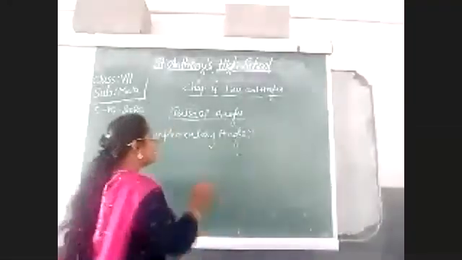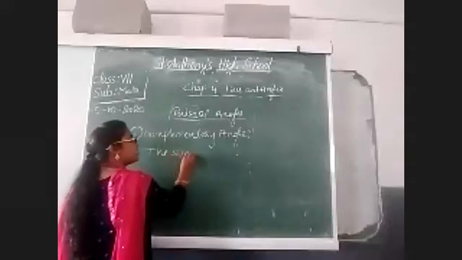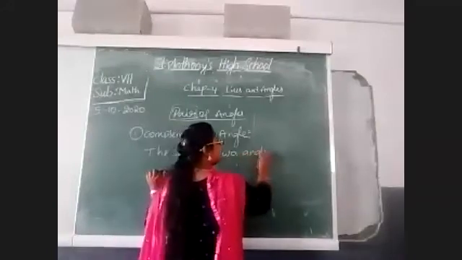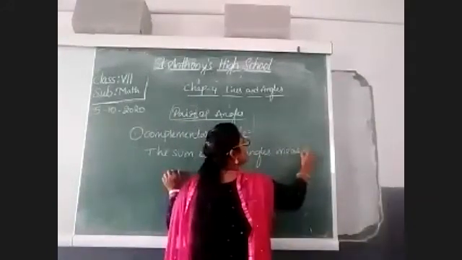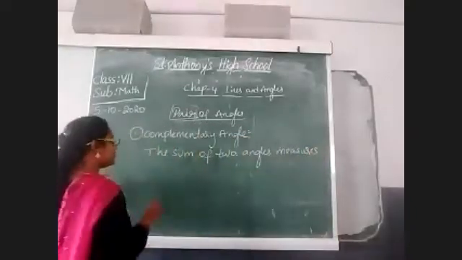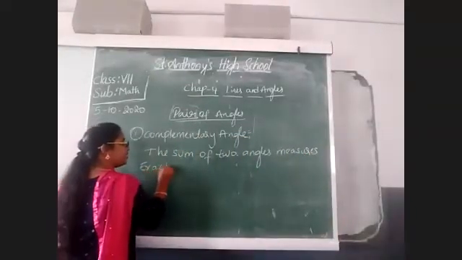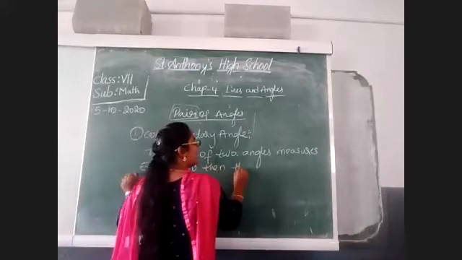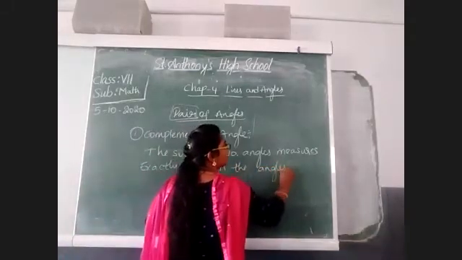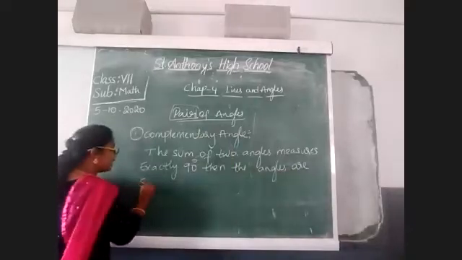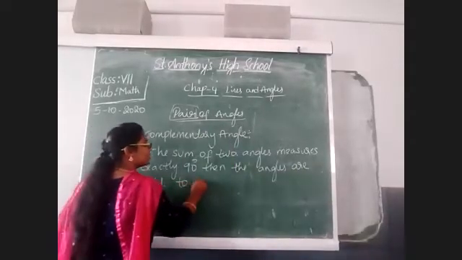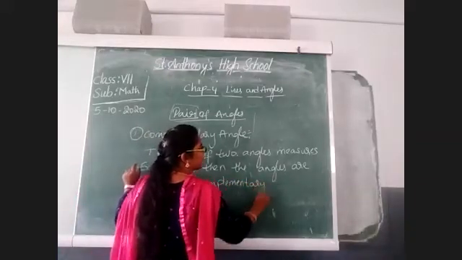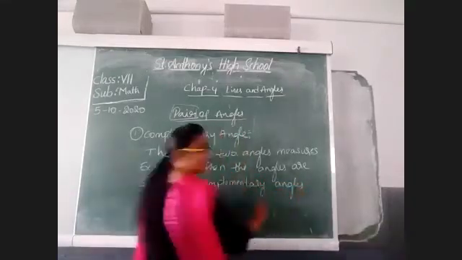Complementary angles is nothing but when the sum of two angles measures exactly 90 degrees, then the angles are said to be complementary angles.